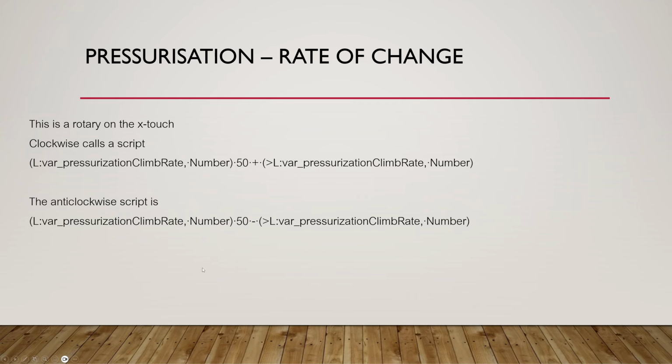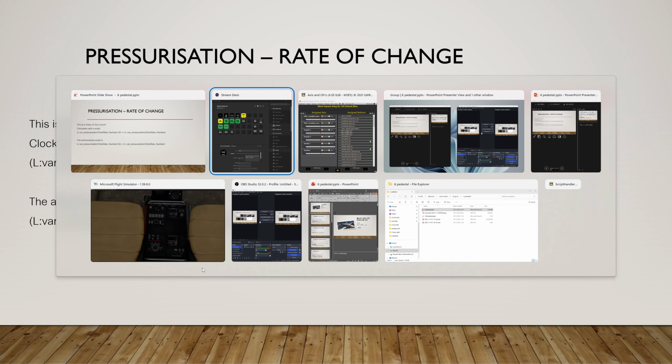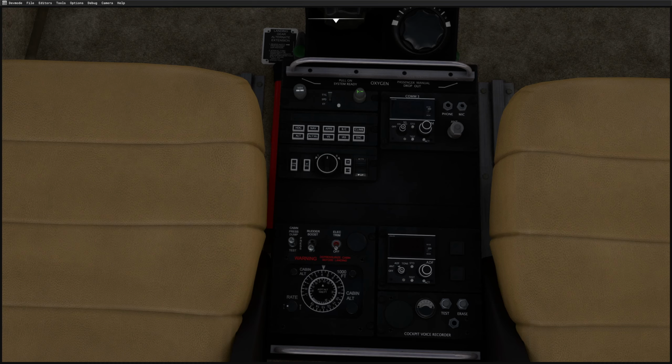The last bit of the pressurization, if we get back into the cockpit, is this 3-way switch here. In the center position, it's just in pressure mode, so it'll pressurize quite happily.